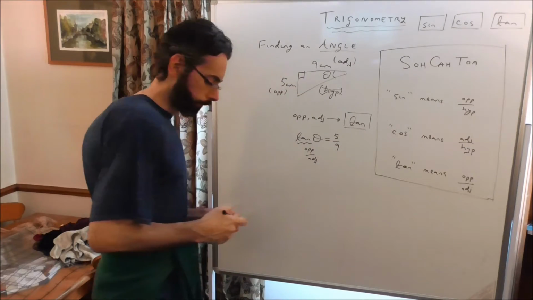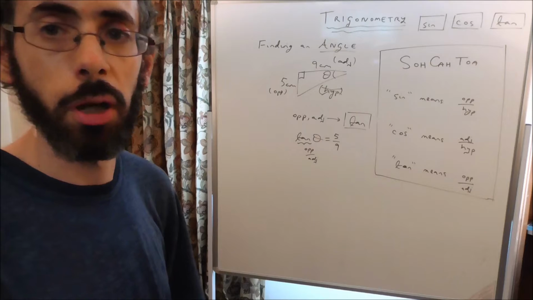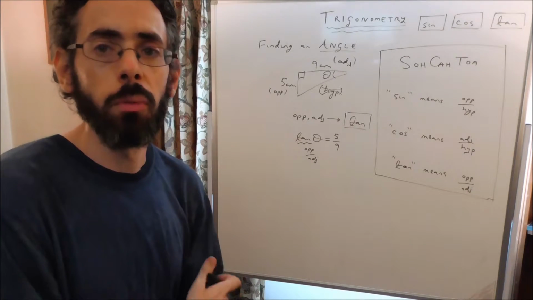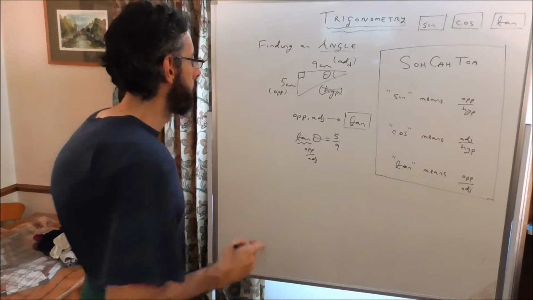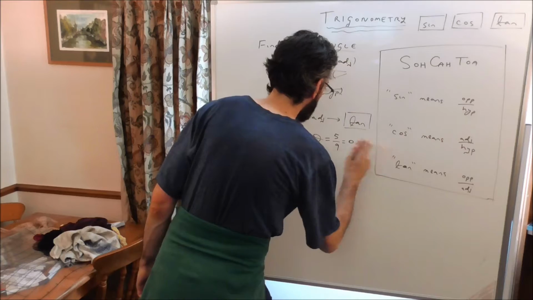So if you do 5 divided by 9 on your calculator, and if you get your answer as a decimal, you may get 0.555 with the 5's going on.